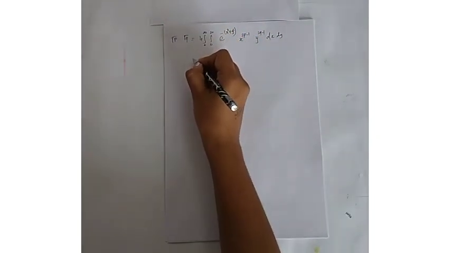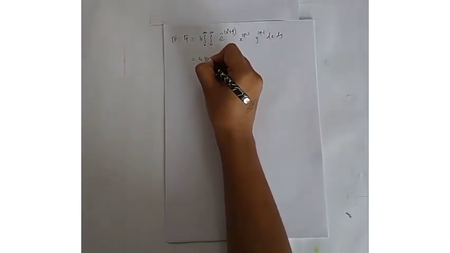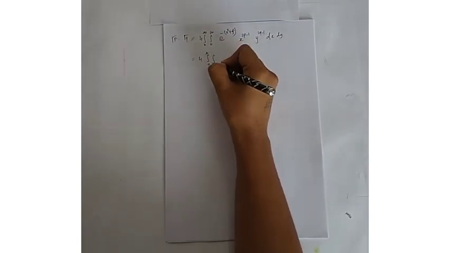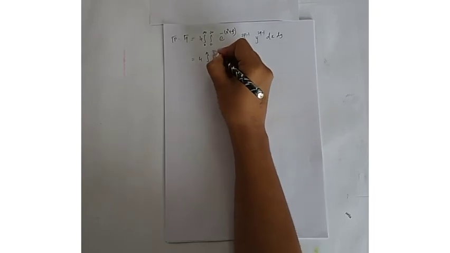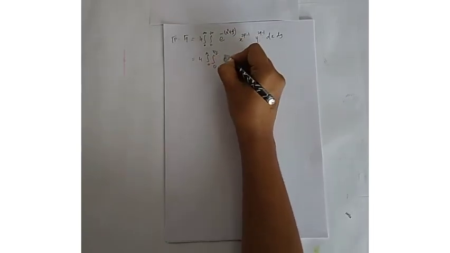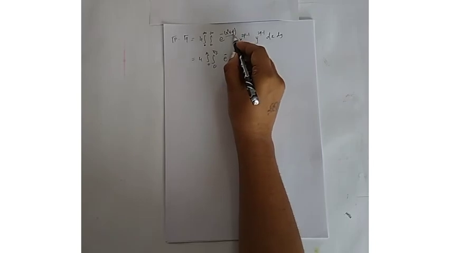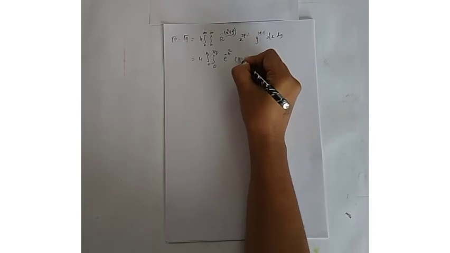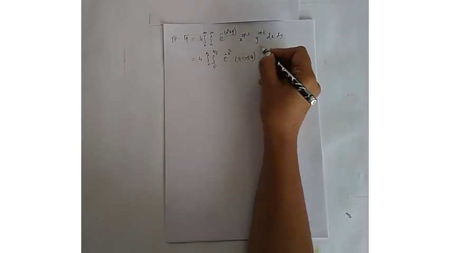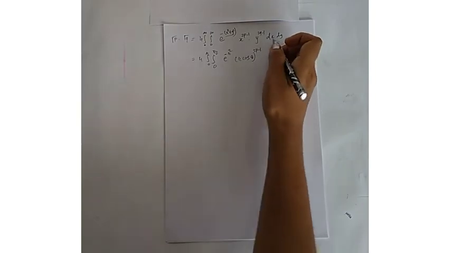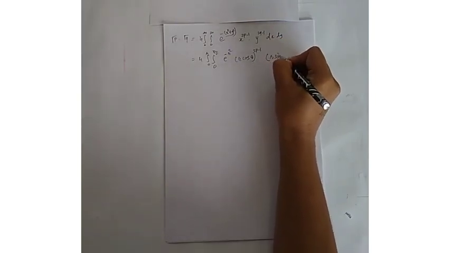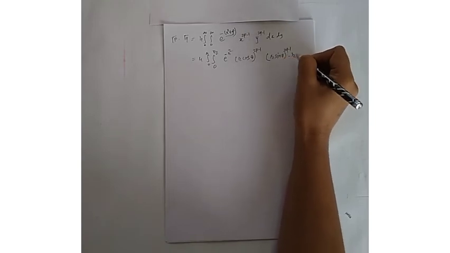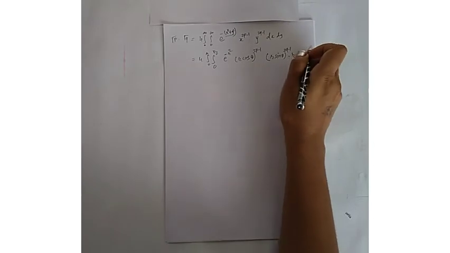Now change this transformation, we will get 4 into integration with limit 0 to infinity, and next integration with limit 0 to pi by 2, e to the power minus r square, since x square plus y square gives r square. Put x is equal to r cos theta to the power 2p minus 1, put y is equal to r sin theta to the power 2q minus 1, put the value of Jacobian and d theta dr.